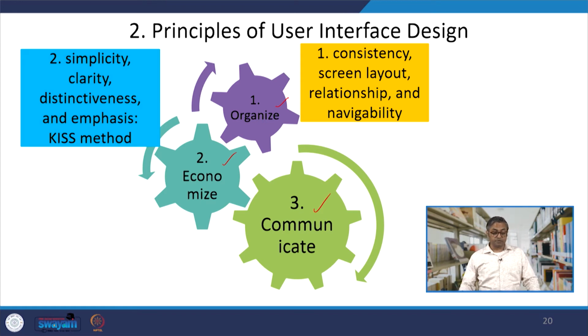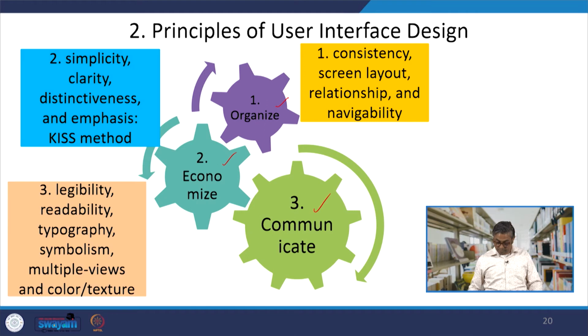Second is simplicity, clarity, distinctiveness, and emphasis on the KISS method: keep it extremely simple. Third, legibility, readability, typography, symbolism, multiple views, and color texture. This is how one can economize it.